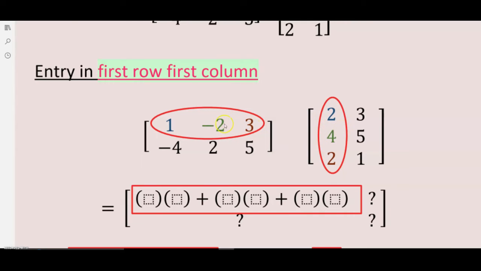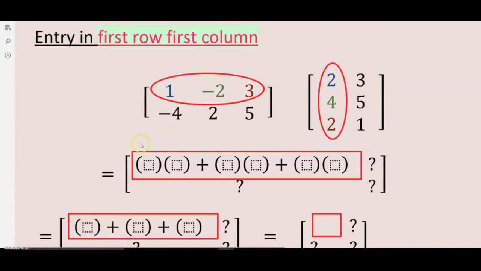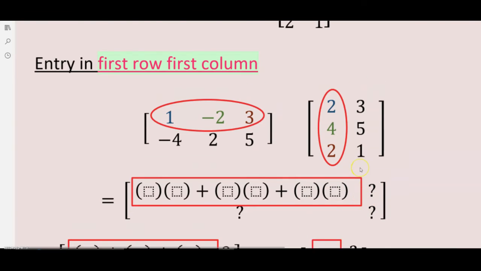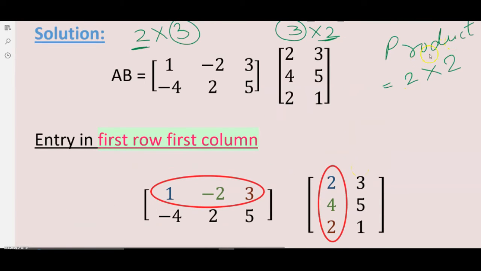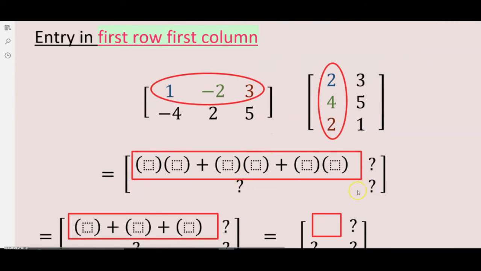That will be first row, first column. As you can see, I have taken a 2 by 2 matrix here, as we know that the resultant matrix will be of order 2 by 2. So after applying the operation, the entry will be in the first row and first column.